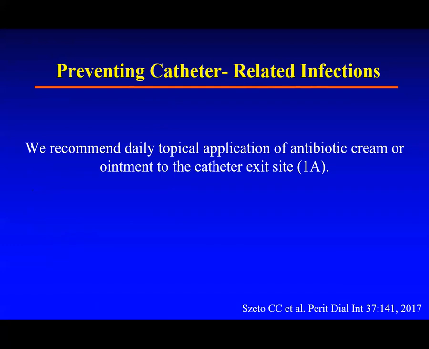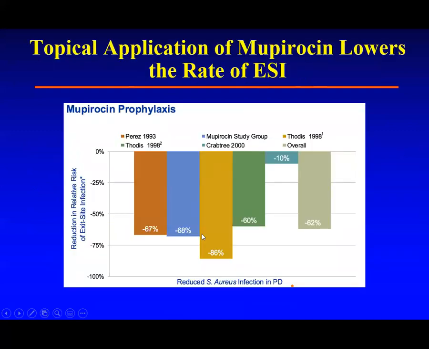Therefore, it is recommended with strong level of evidence in the most recent catheter-related recommendations, 2017, that there is daily topical application of an antibiotic cream or ointment to the catheter exit site. And this came about as a result of a number of studies in the 1990s and early 2000s looking at the use of mupirocin.